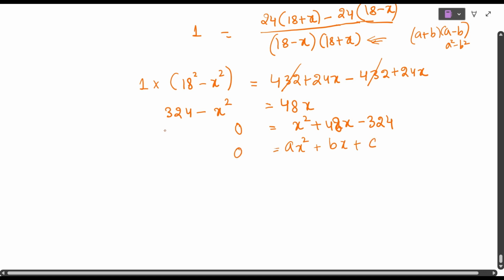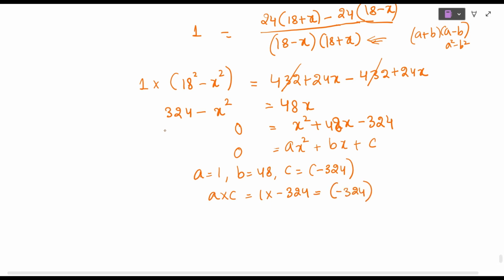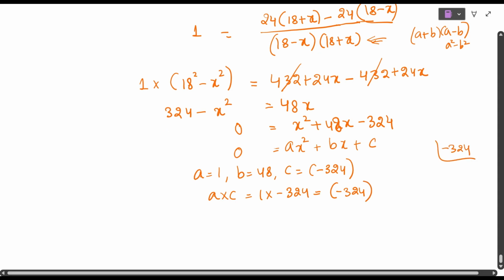So a is equal to 1, b is equal to 48 and c is equal to minus 324. What is a into c? 1 into minus 324 gives minus 324. So find out the factors of minus 324.